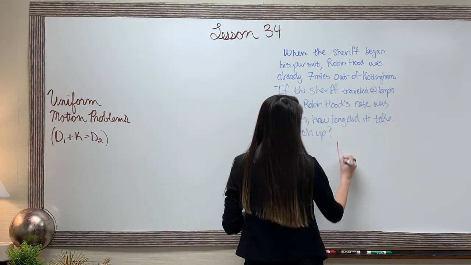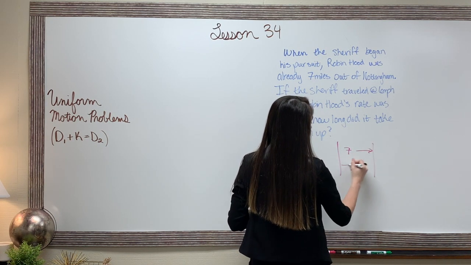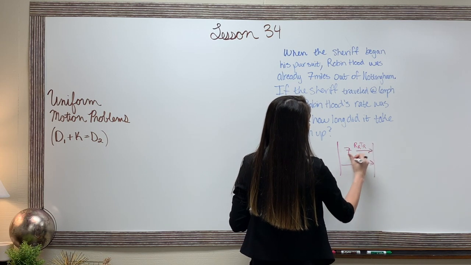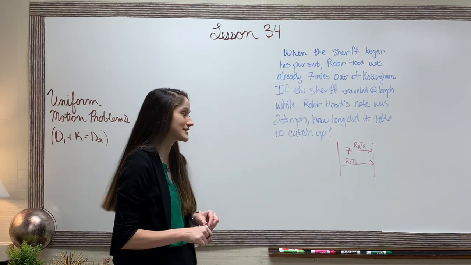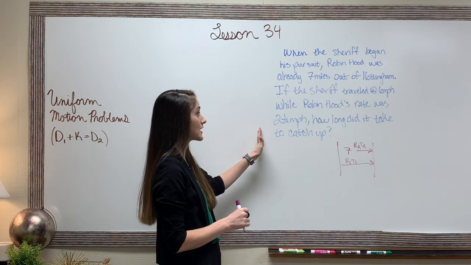So with our diagram, Robin Hood has a little bit of a head start. So this would be the rate of Robin Hood, time of Robin Hood, and then the rate of the sheriff, time of the sheriff, and how long until he catches up, which means their endpoint is the same. And in this case, it means their time is the same.